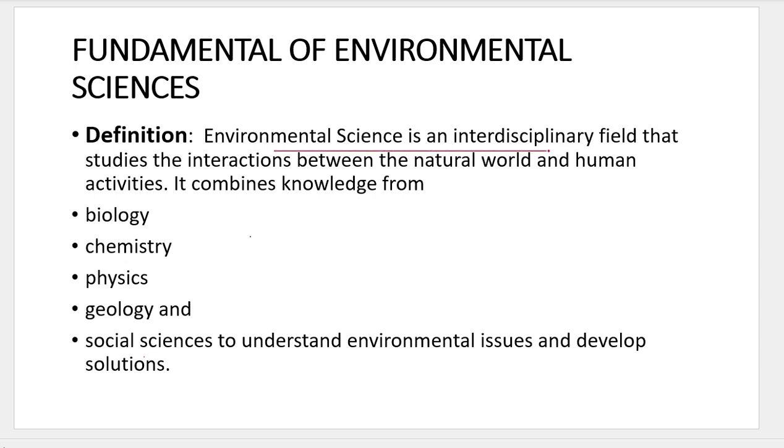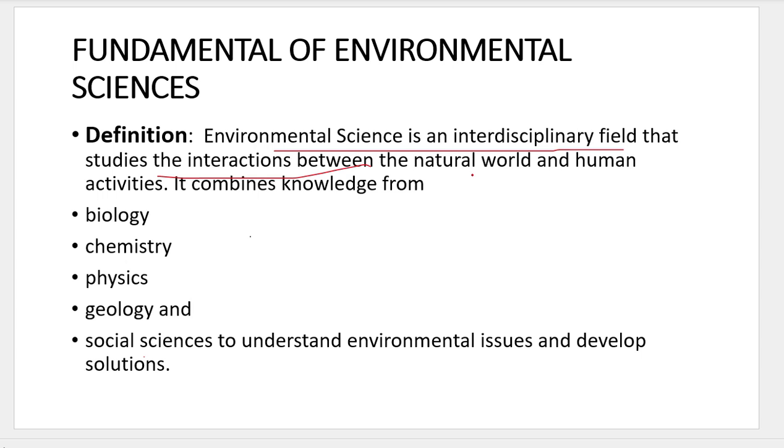Environmental science is an interdisciplinary field that studies the interaction between humans and the natural world. What it means is that it is the study of the field where humans and the natural world are interacting.